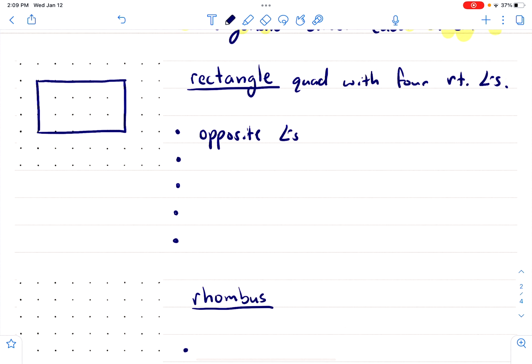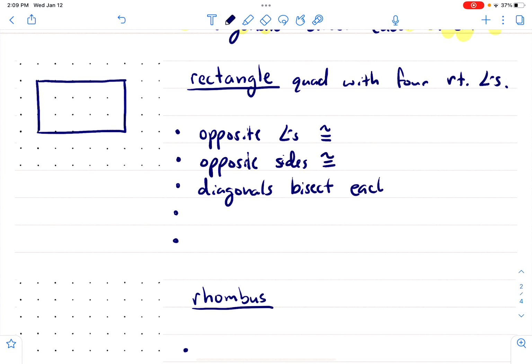And so we start with those first four things from parallelogram. Opposite angles are congruent. Opposite sides are congruent. Let's see, diagonals bisect each other. Now, I've had a lot of people just write diagonals bisect. That's not enough.